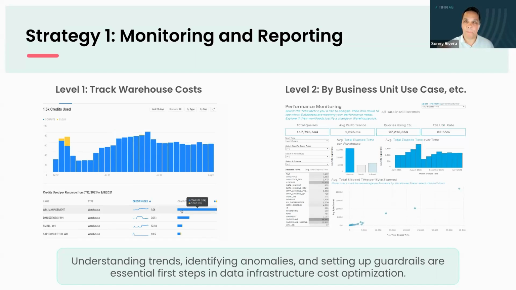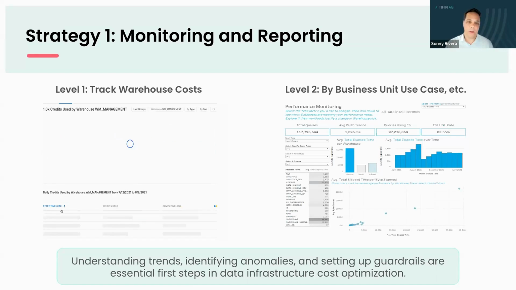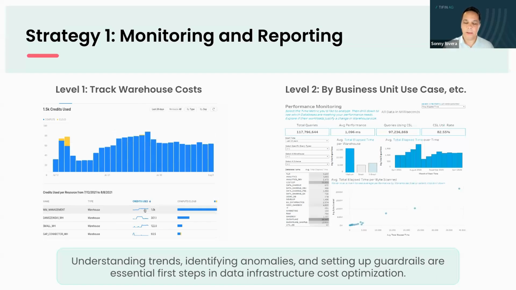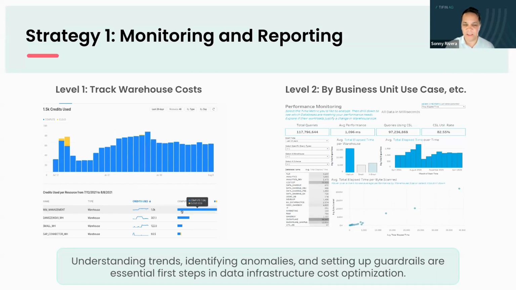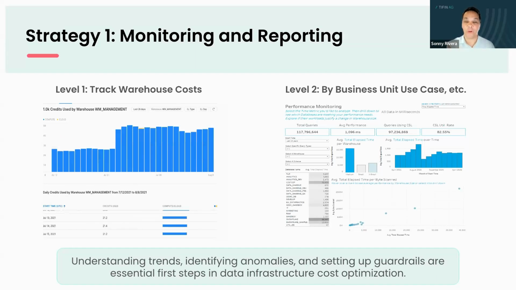Now, tools, and I'll use Snowflake as a good example here. Tools like Snowflake have been getting better and better at proactively showing us what our spend is, what our usage is, our consumption, not necessarily dollars, but what's our consumption, and then also giving us trends of where we are going to be.